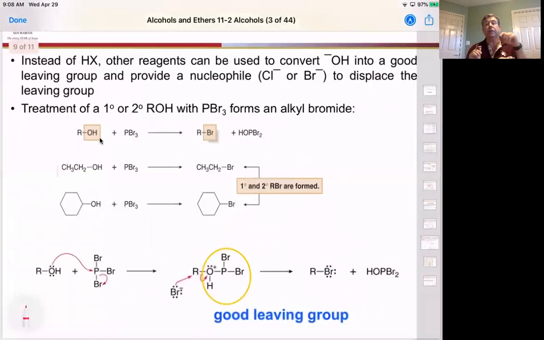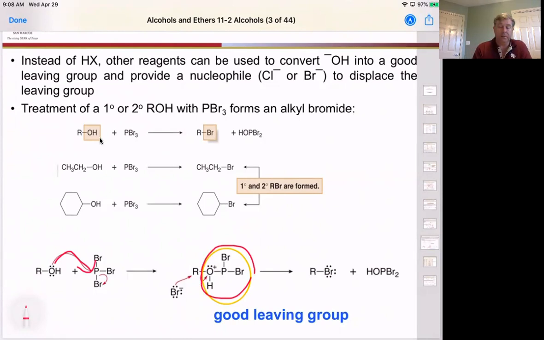Okay, so if we wanted to convert to a bromide compound, instead of using SOBr2, we actually use phosphorus tribromide, okay? So this will make primary or secondary alcohols into alkyl bromides. And the way it works is kind of similar in the fact that our oxygen binds to the phosphorus, making this intermediate phosphorus group into a very good leaving group.